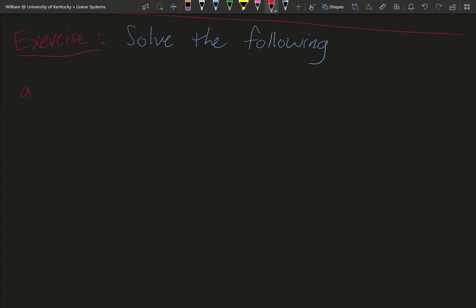So I want you to find the general solution to the following two systems.